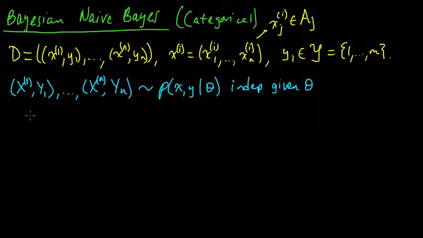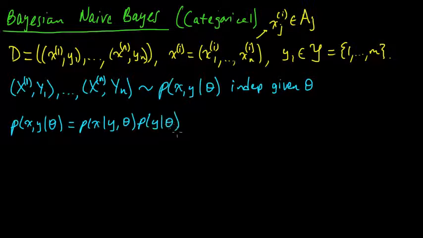Now we get to the naive Bayes assumption. This joint distribution we can always factor as the probability of x given y and theta times the probability of y given theta. That part just stays the same. The naive Bayes assumption is that the first factor is a product, using j as the feature index, as j goes from 1 to d. There are d features, not n.